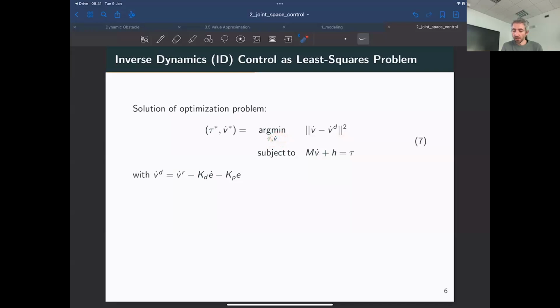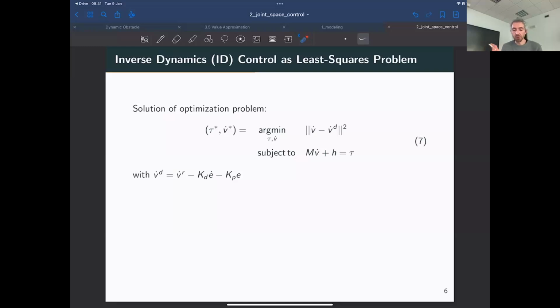So what this problem is doing is trying to find the joint torques and the joint accelerations that satisfy the dynamics of the system, while also achieving a joint acceleration that is as close as possible to my desired accelerations.